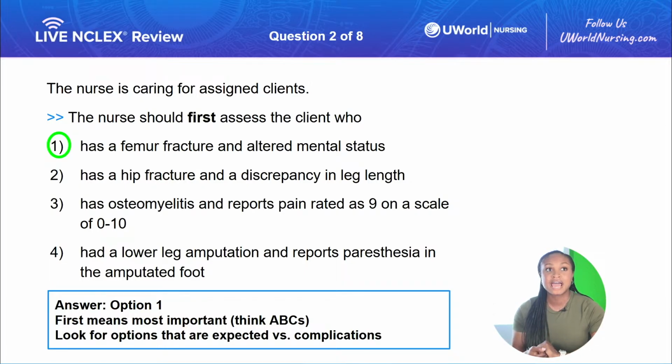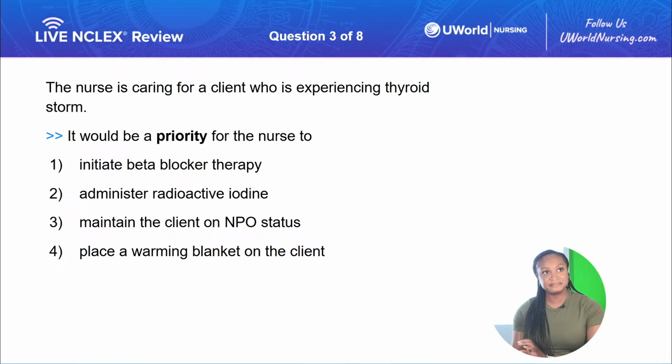And option 4 had a lower leg amputation and reports paresthesia in the amputated foot. That is something, unfortunately, that is expected. This is what they call phantom pain, where they start feeling sensation in a limb that is no longer there. So again, something to be expected. But you guys did great. Option 1 is the correct answer because this is the only complication that we see. So, good job. Moving on.